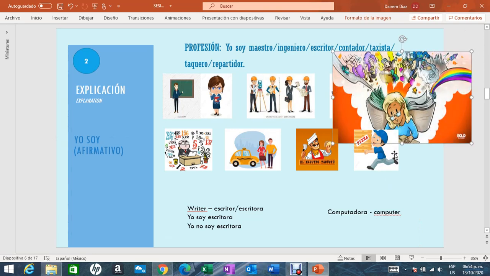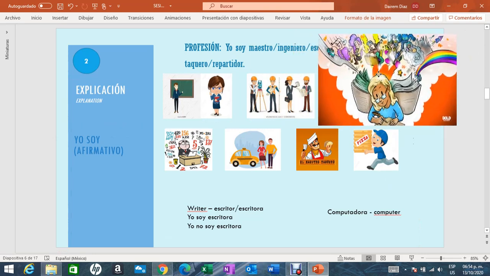In a piece of paper, I think. Well, okay. Paper. Piece of paper. She's writing down in an hoja de papel. Hoja de papel.